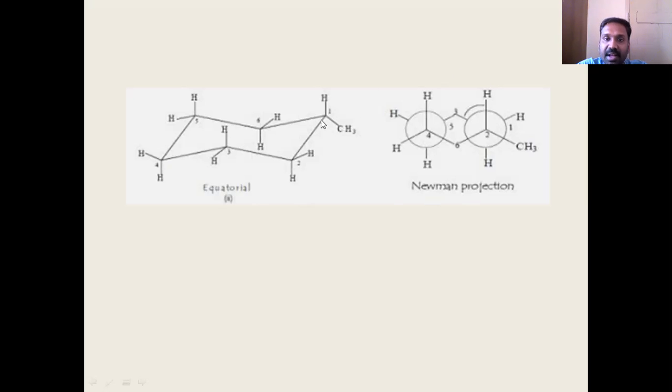Hydrogens everywhere, and the methyl on the first carbon. Methyl on the first carbon, is it not? 1 here. So the methyl should have been here. The wrong structure. Methyl should have been here. H is here because this is the first carbon. The methyl is on the first carbon. So shift this methyl here and H here. So you can write the Newman's projection of cyclic molecules also.